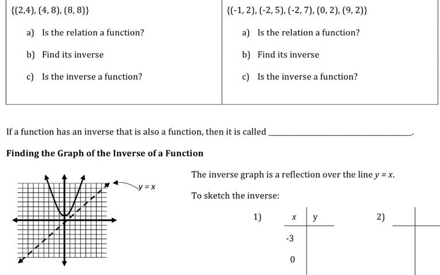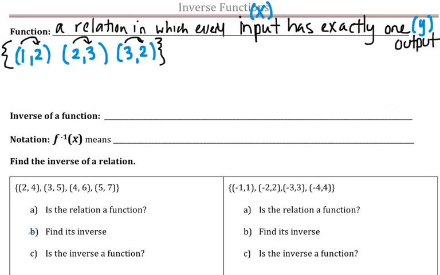There's a few different ways we represent these. One of the ways we represent them is with ordered pairs. So we can write a function as a relation where we have just a bunch of ordered pairs. X's and Y's paired together, parentheses around them, commas in between.